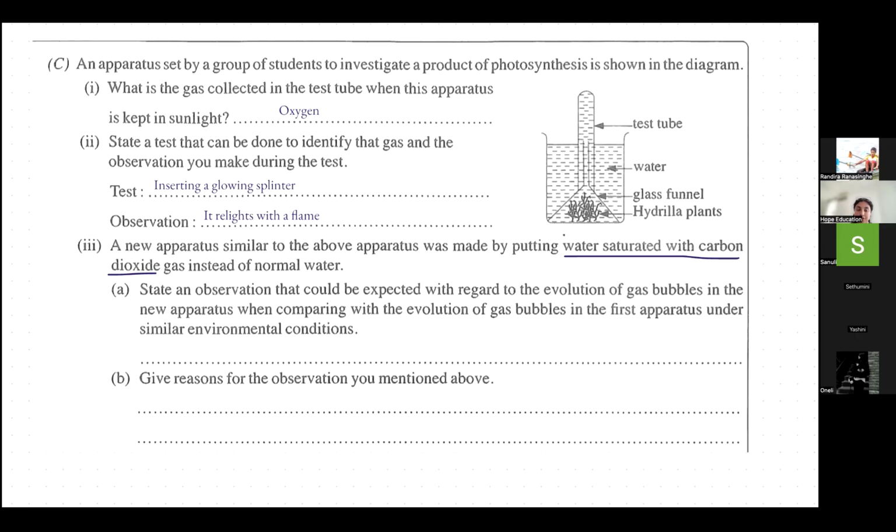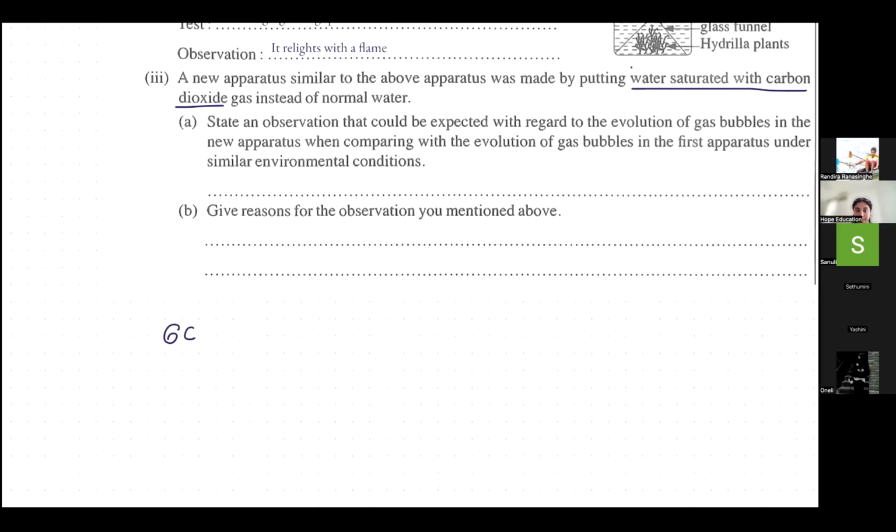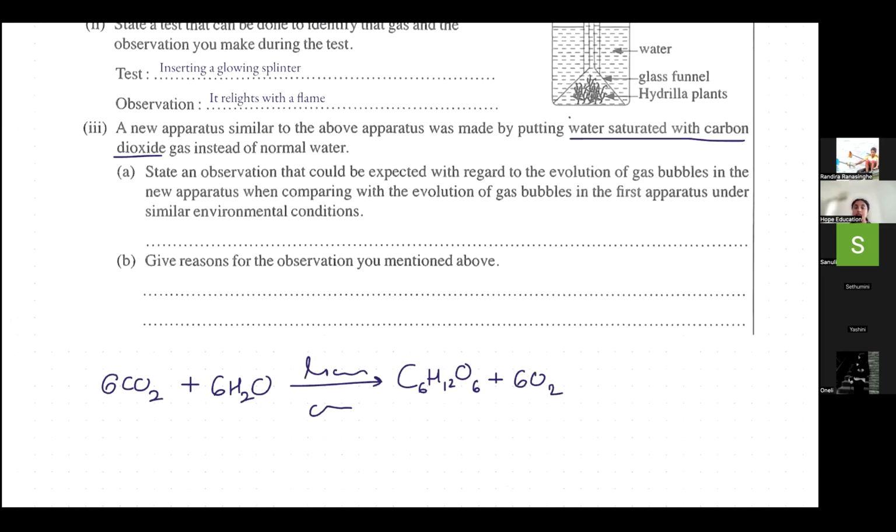You know the photosynthesis reaction is 6CO2 plus 6H2O, with light energy and chlorophyll, makes C6H12O6 plus 6O2. The question says, state an observation that could be expected with regard to evolution of gas bubbles in the new apparatus when comparing with the evolution of gas bubbles in the first apparatus under similar environmental conditions. Compared to the earlier one, will gas bubbles evolve more or less?